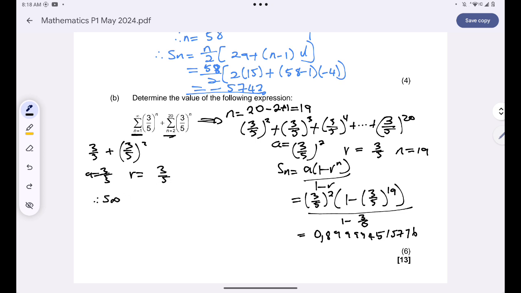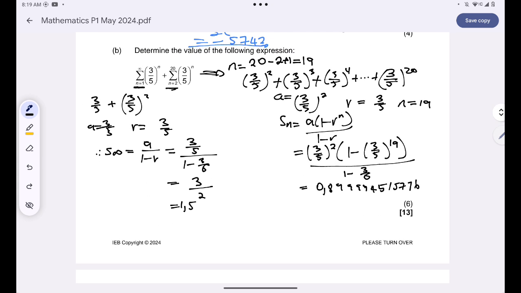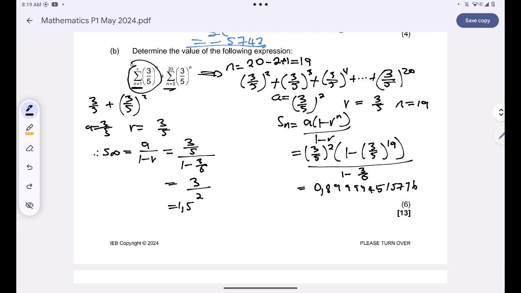Therefore, sum to infinity, I'll get a over 1 minus r. This will give me 3 over 5 all over 1 minus 3 over 5, which gives me 3 over 2, which is just 1.5.